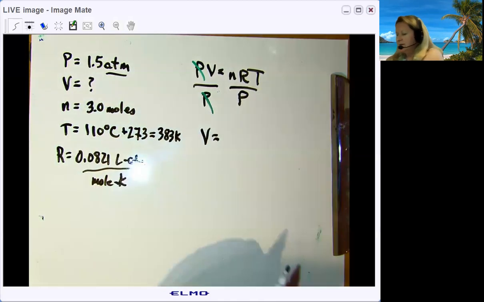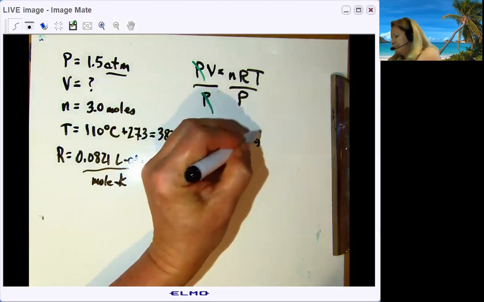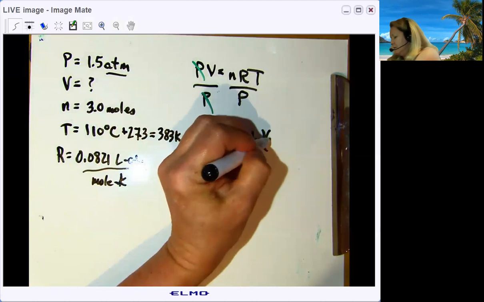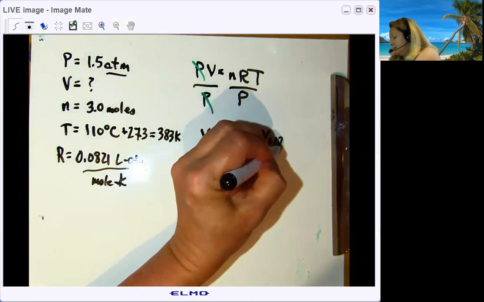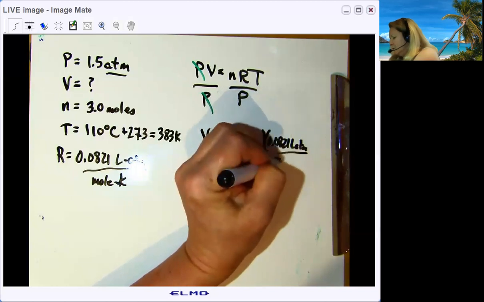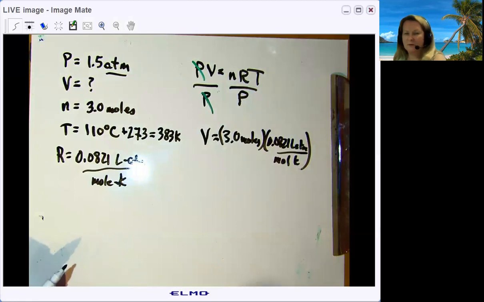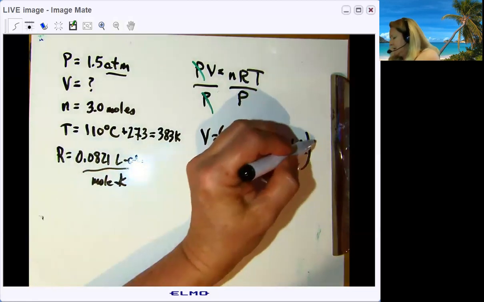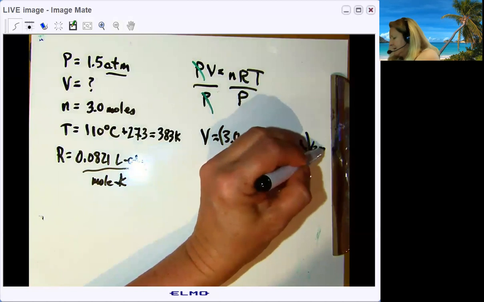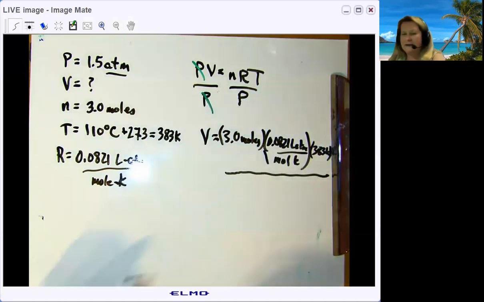So volume is going to be N, which is the number of moles, which is 3.0 moles, times R, which is going to be 0.0821 liter atmospheres per mole Kelvin, times our temperature, which is 383 K. And all of that is going to be divided by our pressure.